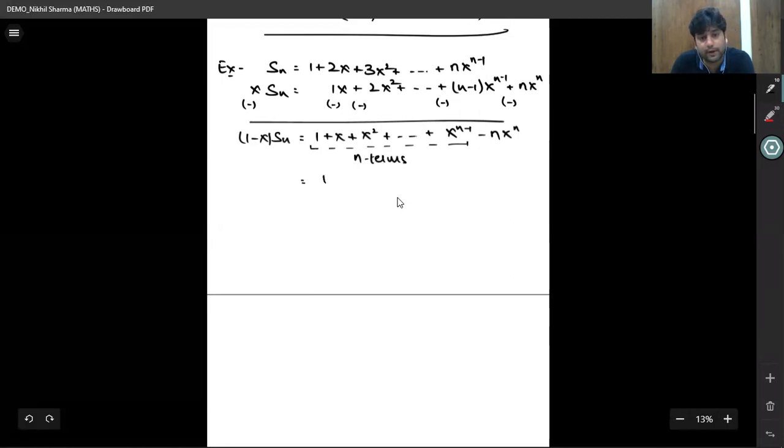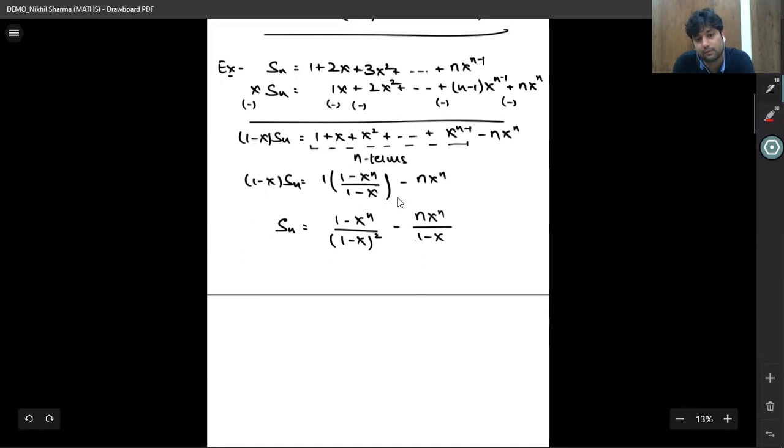So for the n terms, 1 minus x raised to n upon 1 minus x, minus n x raised to n. This is 1 minus x times Sn. So Sn would be 1 minus x raised to n divided by 1 minus x whole square, minus n x raised to n divided by 1 minus x.